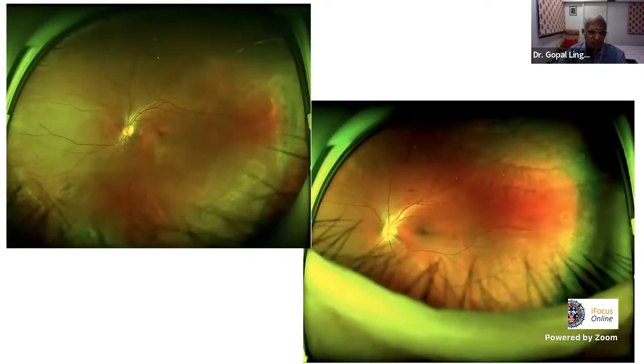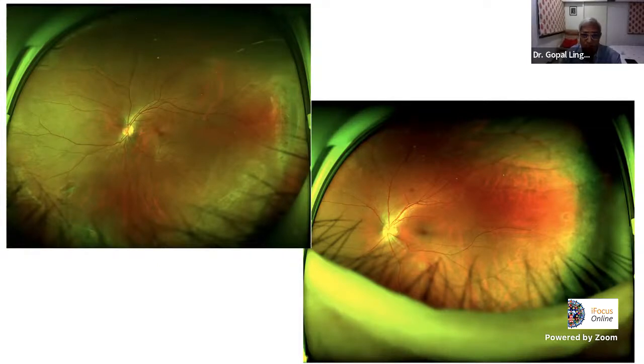These two pictures just try to show you some of the breaks that have been described just now. I'm not able to use the pointer. Not sure why, but you should be able to see in the picture up and left the horseshoe tear in the lower nasal quadrant with a flap which is floating up.